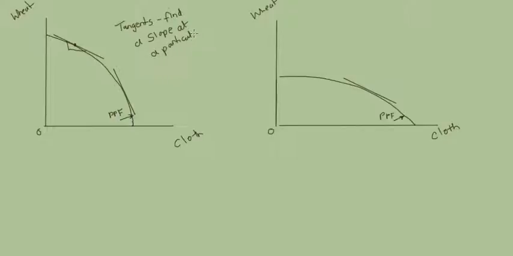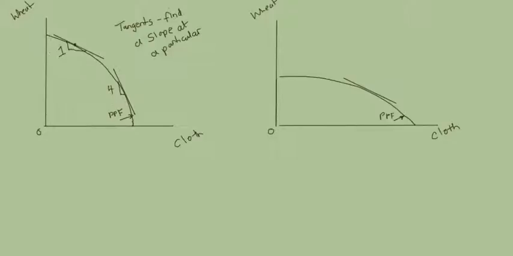The opportunity cost of cloth is the absolute slope. So let's say the slope here is 1, and then at this point, rise over run for the tangent, we'll take the absolute slope. Let's say the slope here is 4.